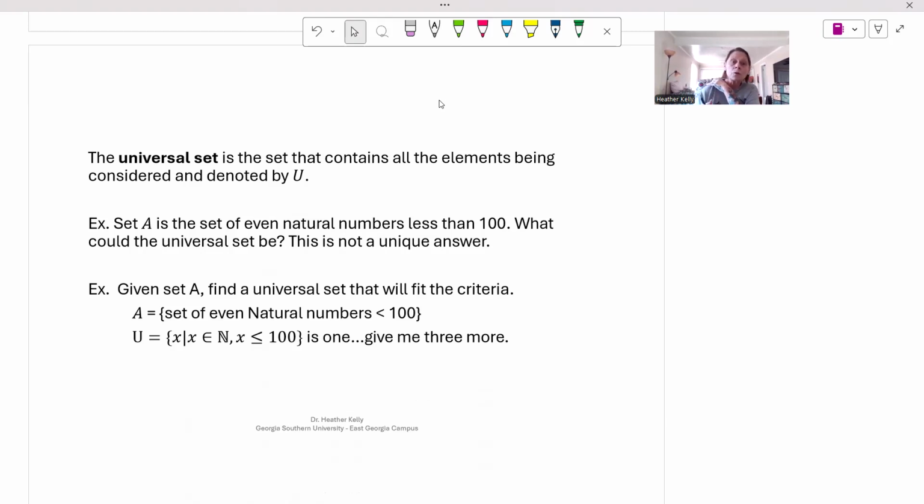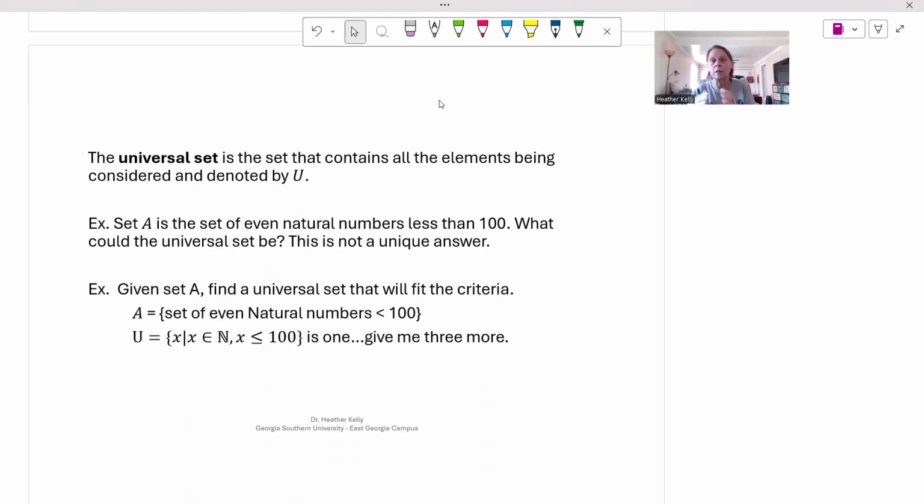All right, the universal set. The universal set is the set that contains all the elements being considered, and it is denoted by a U. We can't consider every single possible number, right? Because if we do that, we're including fractions, decimals, irrationals, pi, e, all sorts of numbers.